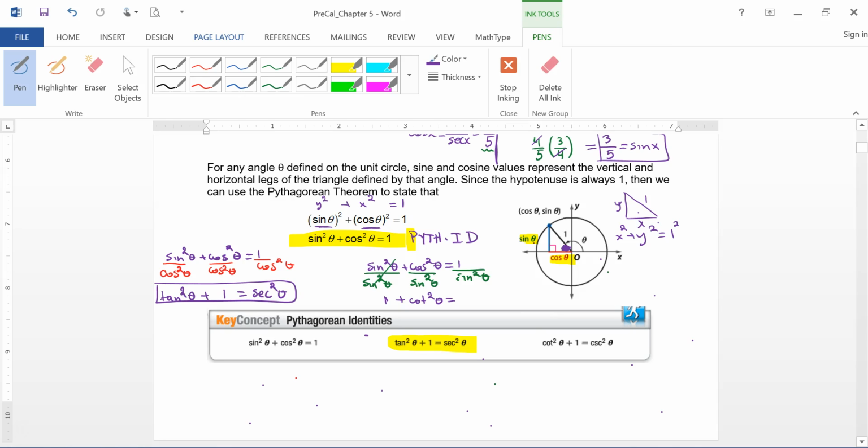What's cosine theta? Negative root 5 over 5 times cotangent, which is 2. Okay, so we get the same answers. Now, do you have to do it this way? For this chapter, yes, you have to do it using identities, but it's the same idea.